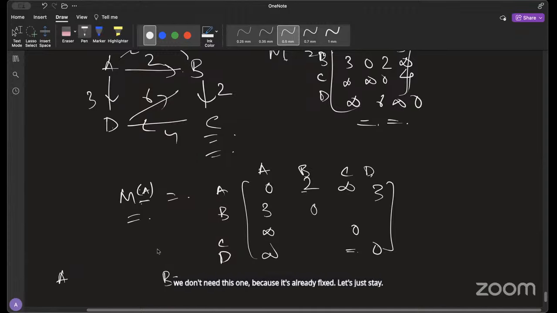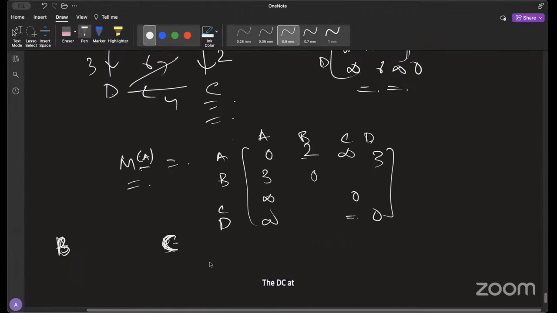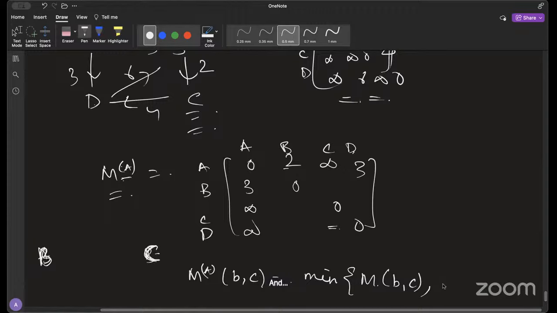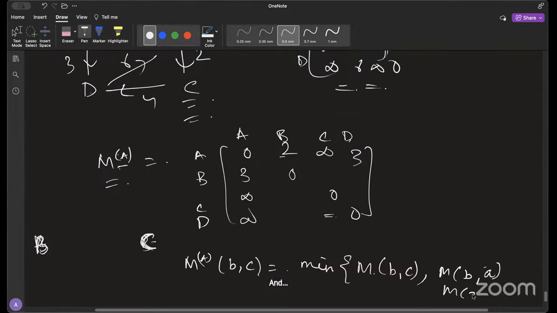Let's just say B to C. So the BCth entry of this MA is going to be the minimum of M's BCth entry and M's B to A entry plus M's A to C entry.